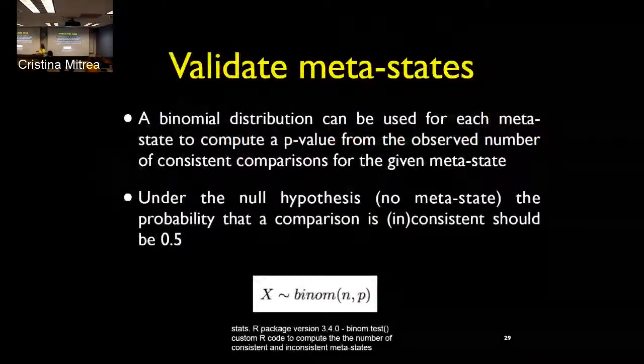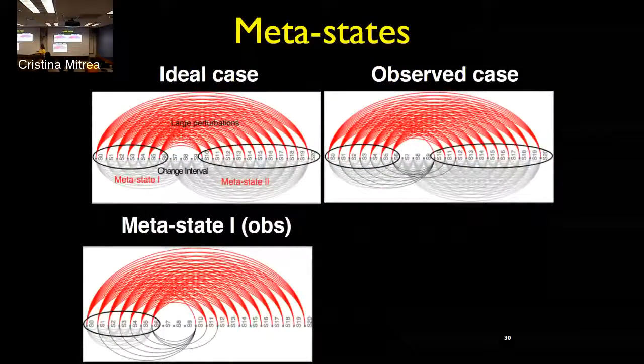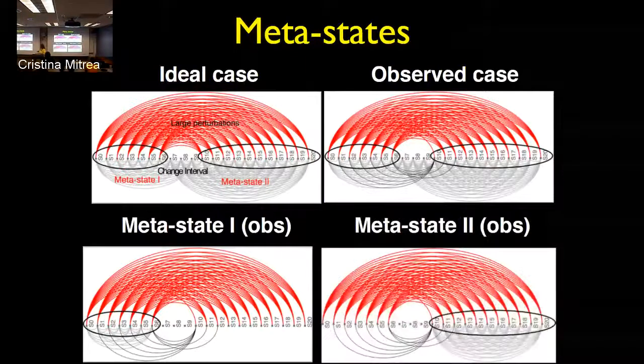In the random case, the probability that a comparison is consistent or inconsistent should be 0.5, 50%, like flipping a coin. So in the random case, they're assigned randomly and should have the same amount of consistent and inconsistent arcs or comparisons, and this is not the case. And for metastate 2, we did the same.